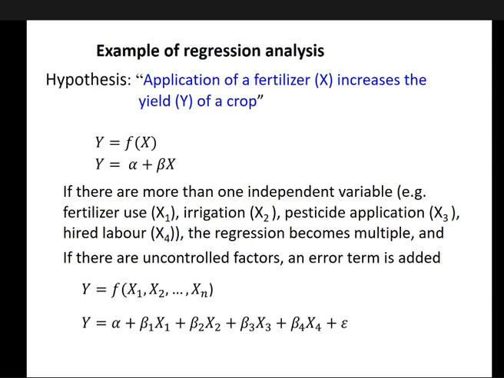So what I was saying, beta 2 could be negative. It doesn't have to remain positive because this is just the specification of the equation. But after analyzing, you might find that beta 2 takes a negative sign, and X2 is irrigation, which could be the amount of water applied.